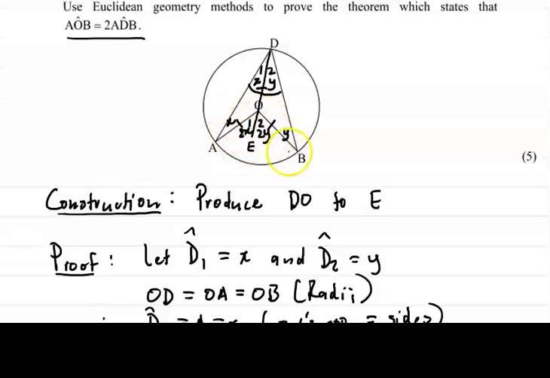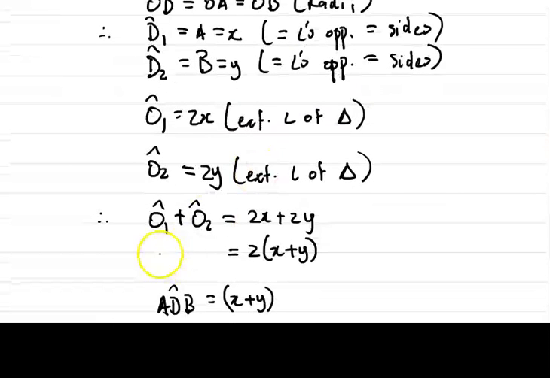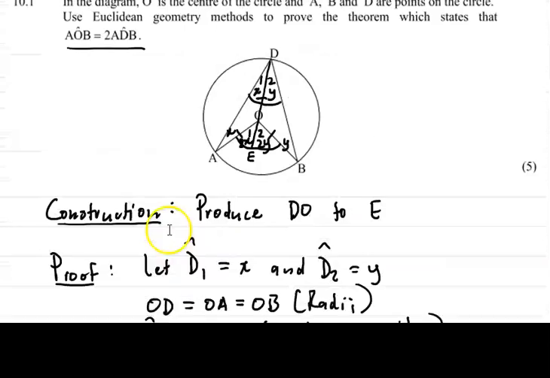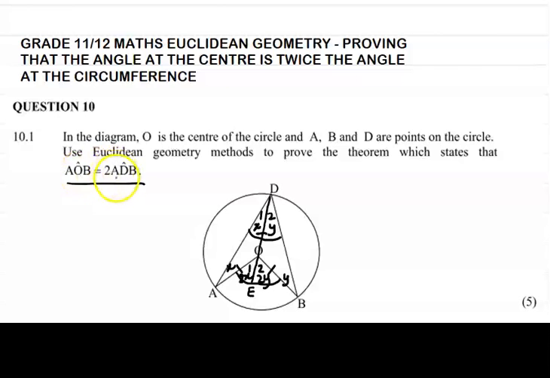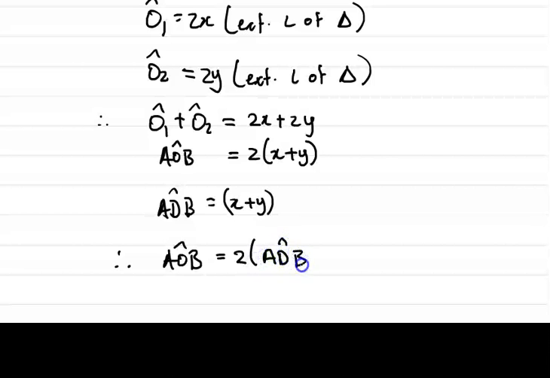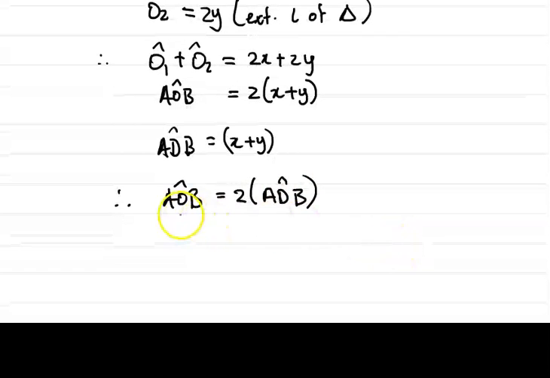O1 plus O2 is AOB, that whole angle. So therefore, AOB is equal to 2 into x plus y. ADB is equal to x plus y. Therefore, we can write our concluding statement that AOB is twice ADB. And there you go. The angle at the center is twice the angle at the circumference.